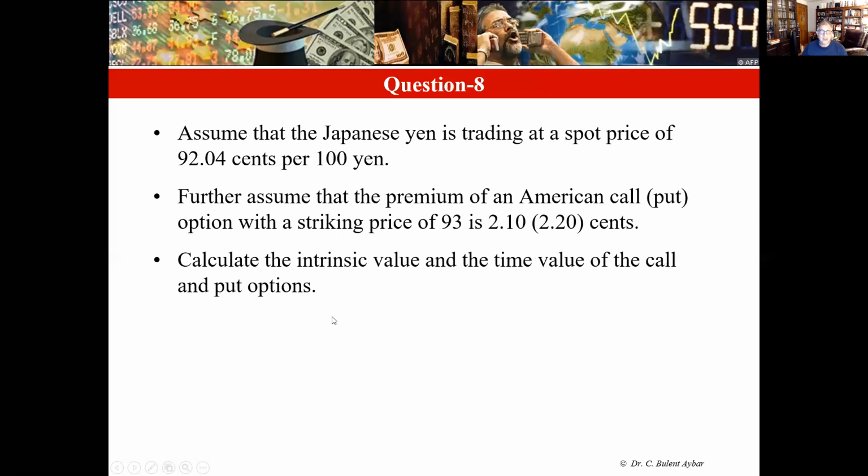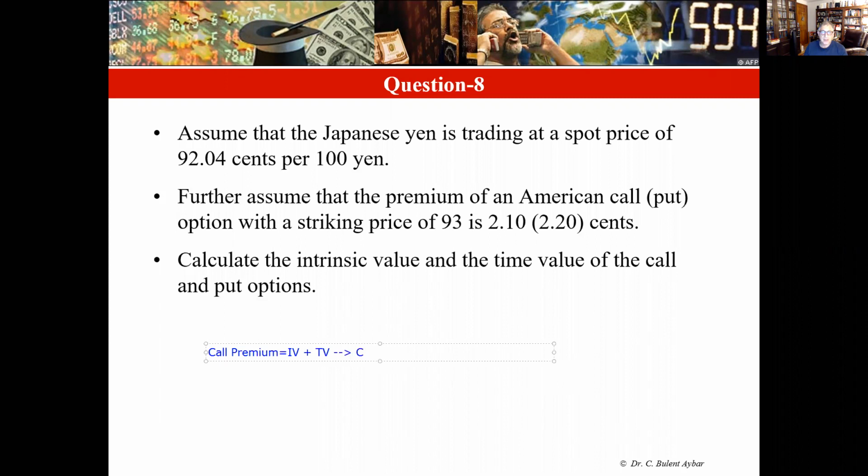Just as a reminder again, let's write down what the call and put prices imply. Let's make this a little bit larger. Call premium is equal to intrinsic value plus time value. So what does this mean?